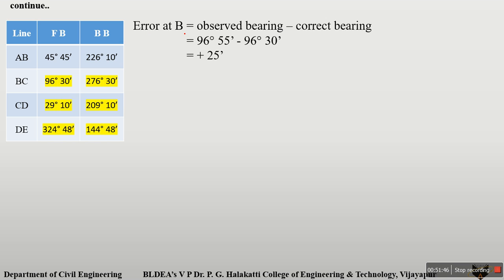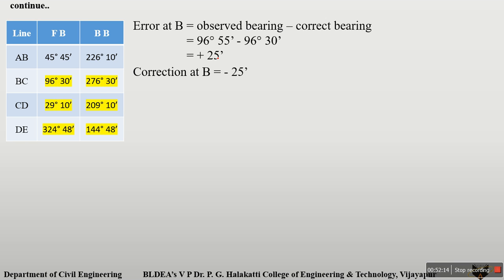Now error at B can be calculated by again using the formula observed bearing minus correct bearing. Observed is 96 degree 55 minutes. Then correct bearing, which we calculated in the previous slide, is 96 degree 30 minutes. The difference of these two gives plus 25 minutes. So if error is positive, our correction is always negative.